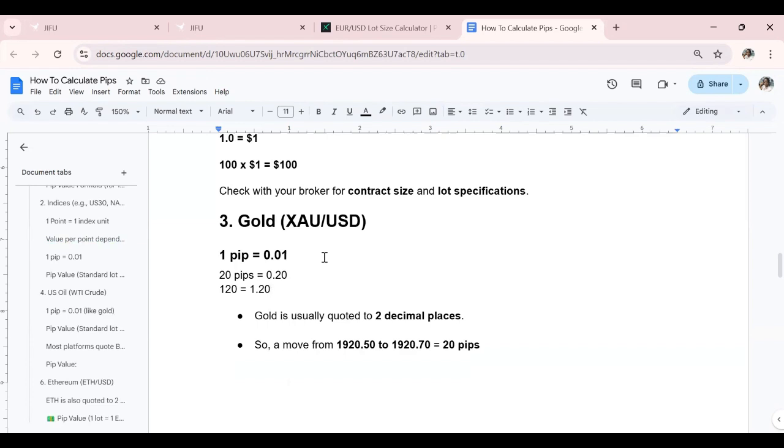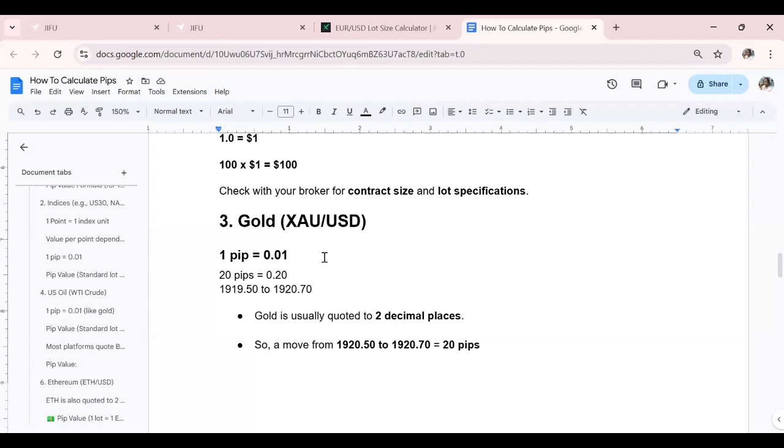So if this trade moved from 1950 to 1920-70, then you can actually say it has moved 120 pips.